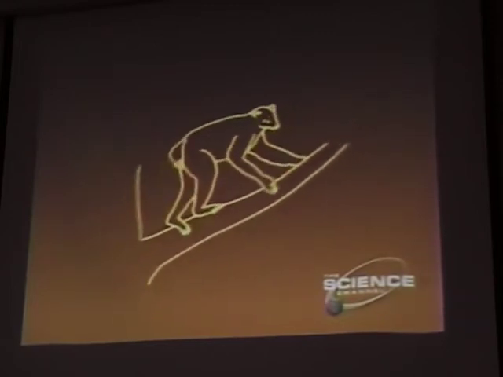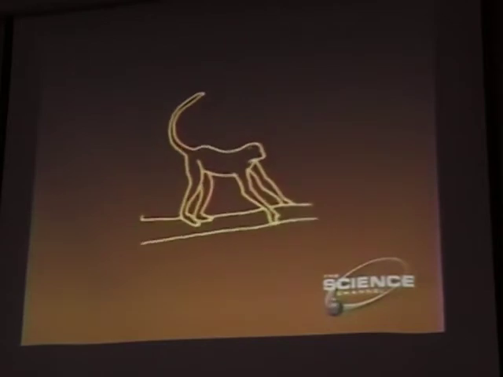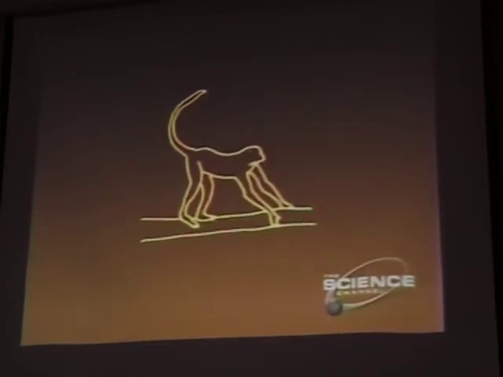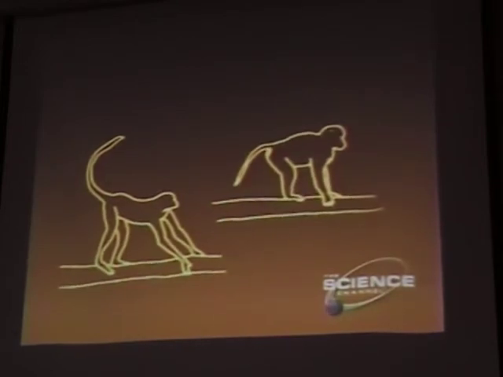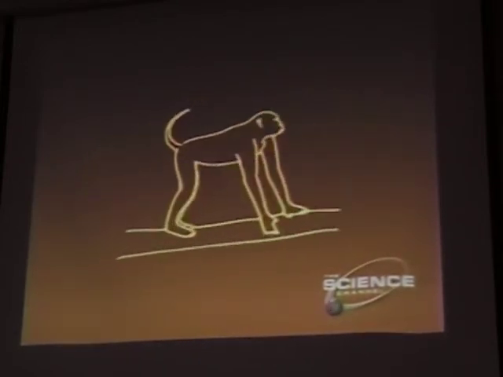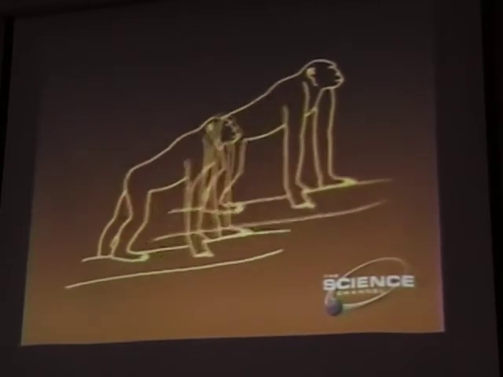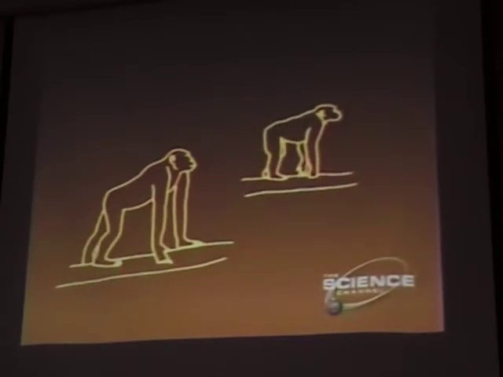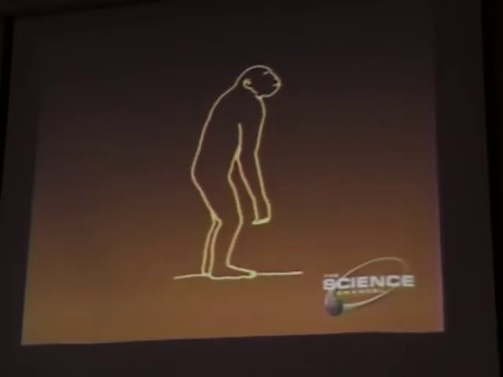One line took to the trees, developing dexterity, stereovision, larger brains, and a curiosity about their environment. Some became baboons. But that's not the line to us. Apes and humans have a recent common ancestor. Bone for bone, muscle for muscle, molecule for molecule, there are almost no important differences between apes and humans.